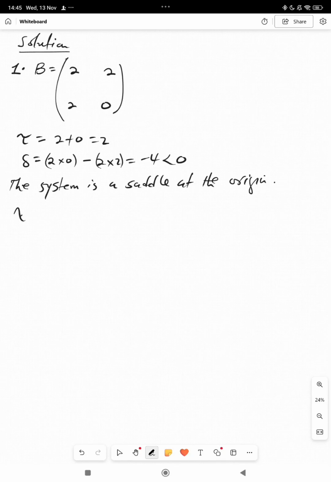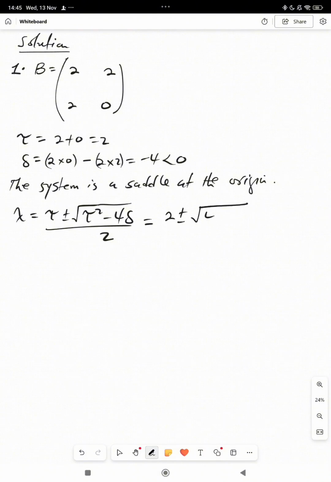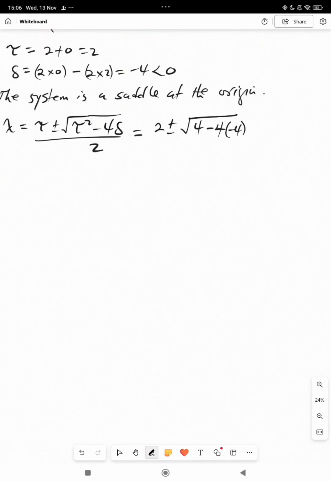Then we find our eigenvalues: tau plus or minus the square root of tau squared minus 4 delta, all divided by 2. So we input our values: 2 plus or minus the square root of 2 squared, which is 4, minus 4 times minus 4, all divided by 2.